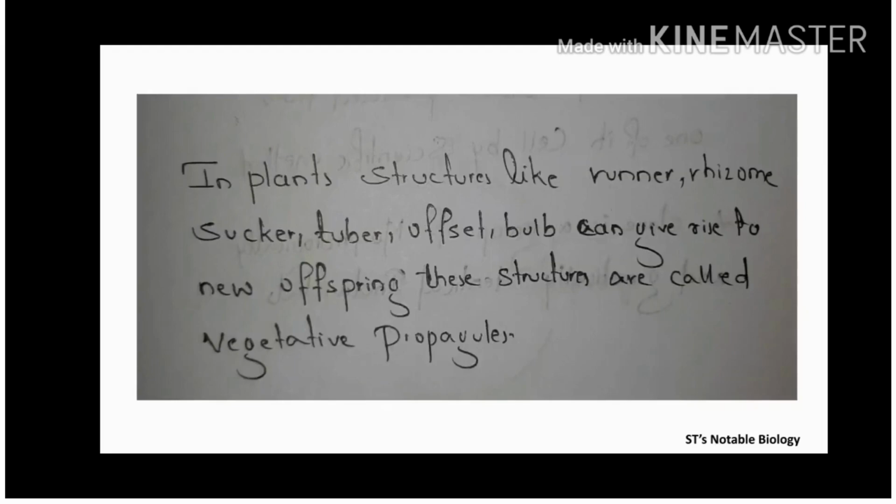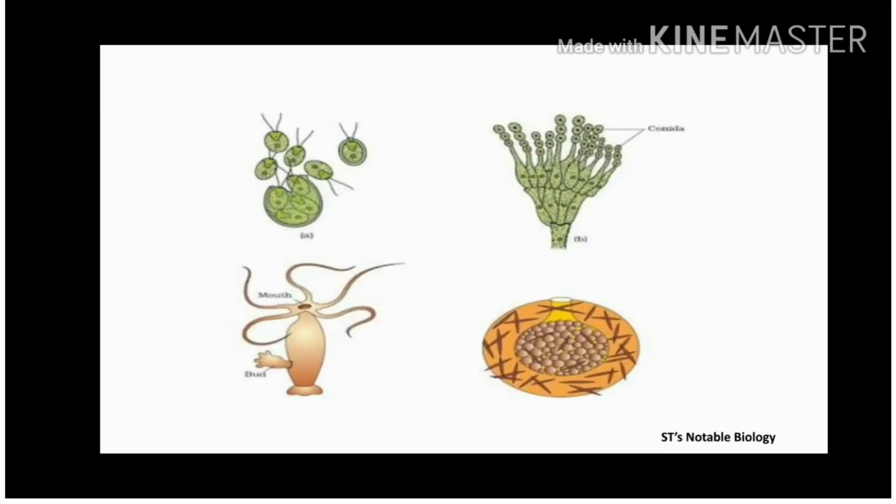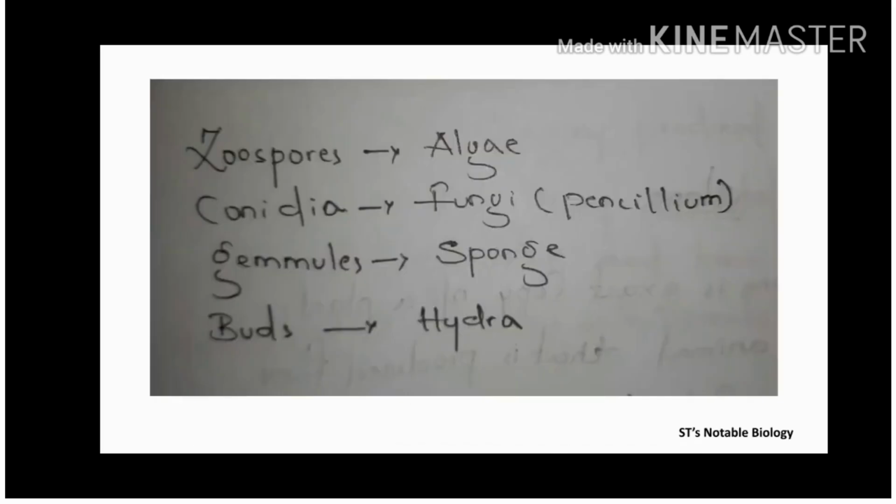So in plants, structures like runner, rhizome, sucker, tuber, offset, bulb can give rise to new offspring. These structures are called vegetative propagules. Basically, this is the definition of what? Vegetative propagules. In our previous slide, we have seen asexual reproduction occurring through zoospore, conidia, gemmules, buds in simpler plants.